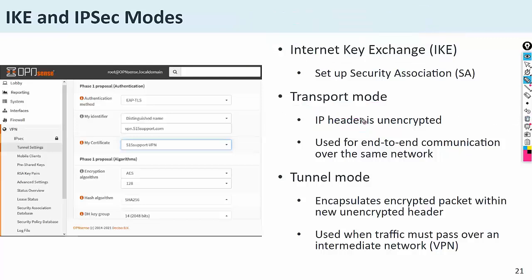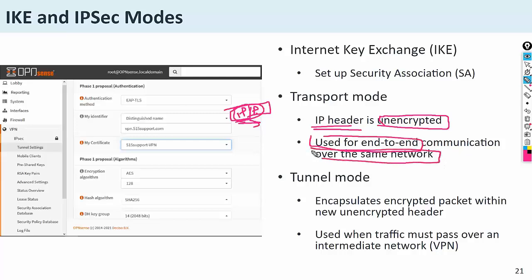When the IP header is not encrypted, the data coming from this IP address and this protocol will be identified. But the payload cannot be identified, while the sender IP address, receiver IP address, protocol, and port number can be used. So this is used for end-to-end communication over the same network.